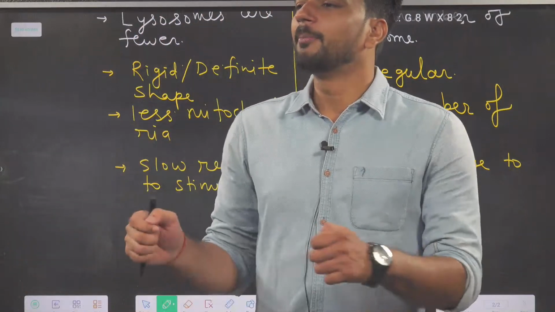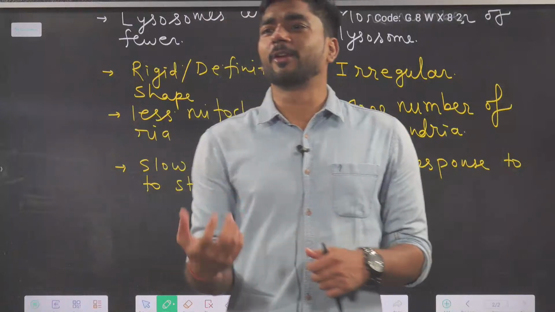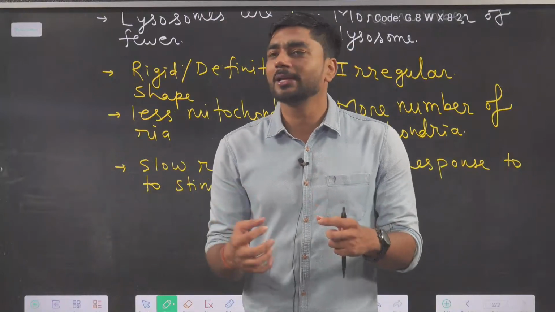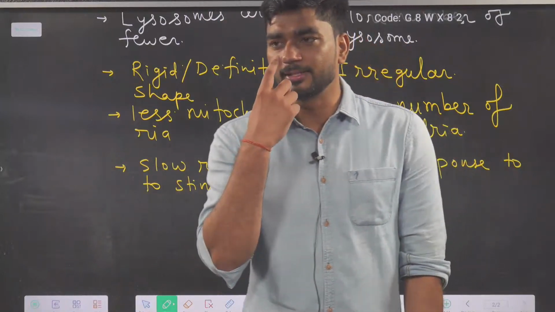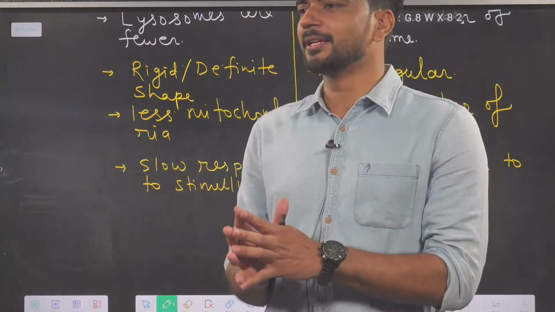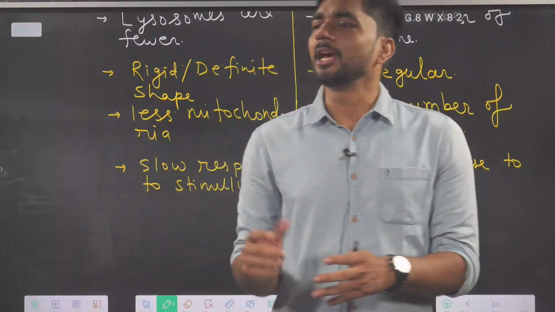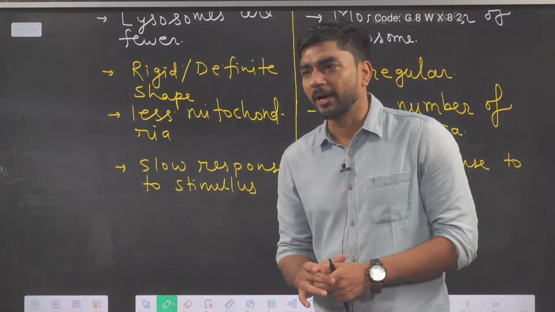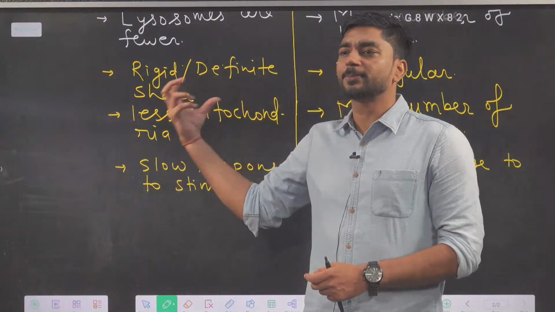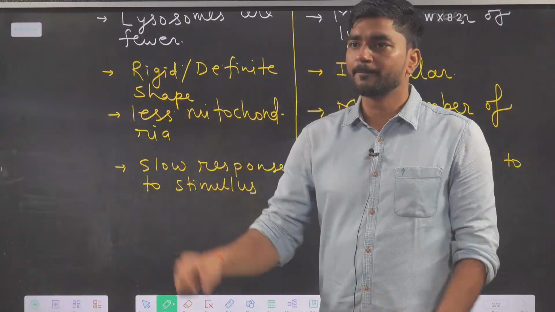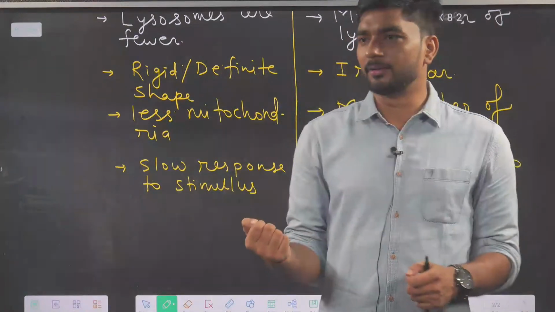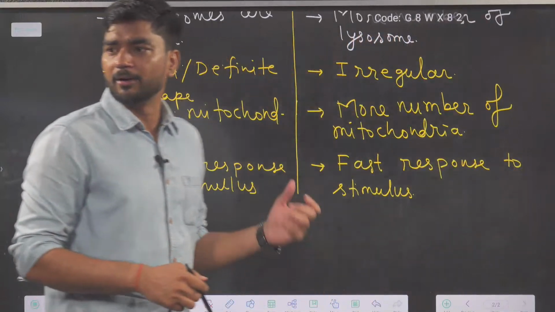Next one is plant cells and animal cells. Which one is dividing, or which one is increasing its number by division? I think in both the cases it will divide. Animal cells as well as plant cells, both will divide, or both will increase their number.